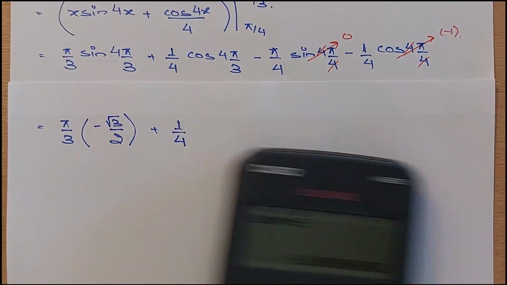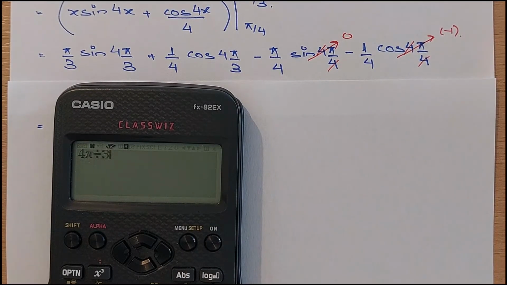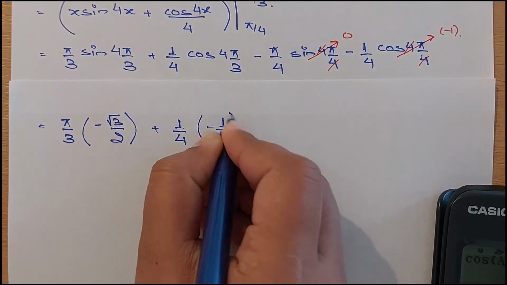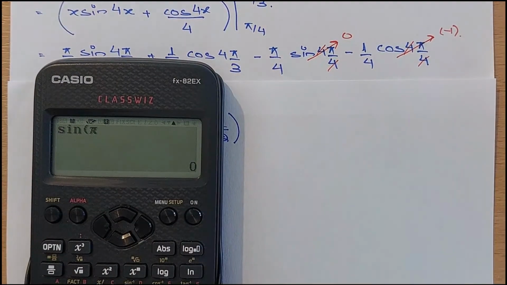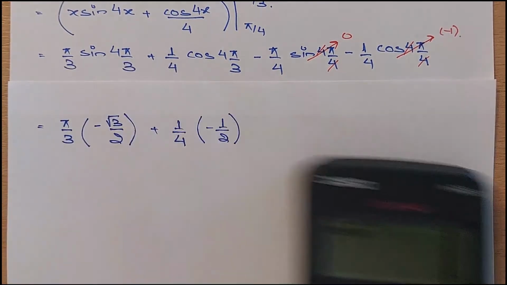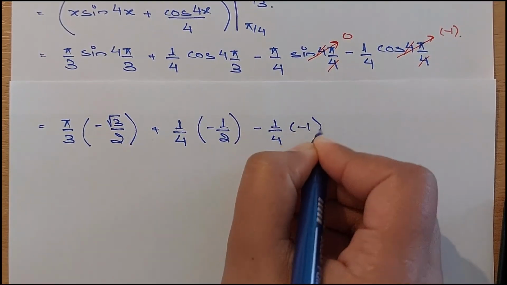What is cos 4 pi by 3? Cos of the answer is minus 1 by 2. This is minus 1 by 2. Let me double check sine pi. Sine of pi is 0 and cos pi is minus 1. So minus 1 by 4 times minus 1, right?